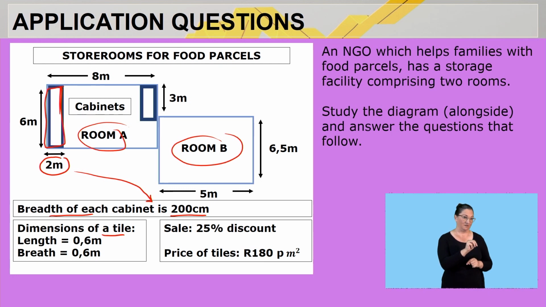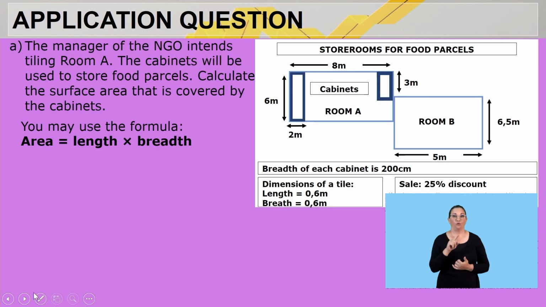Then other important information that we're going to need later on when answering the sum is that there's a sale. So what is the sale? You get 25% discount. And then also, of course, the price of the tiles is 180 Rand per square meter, right?